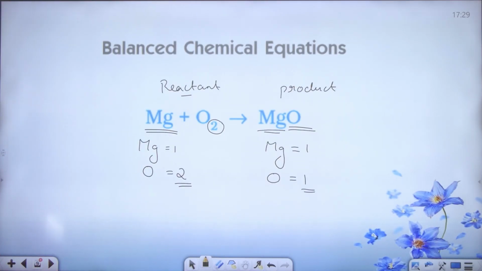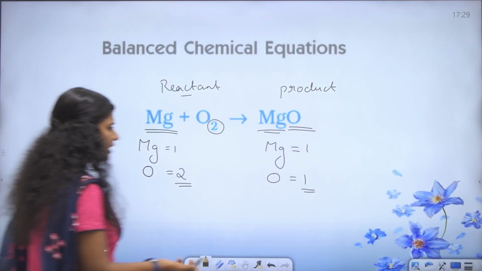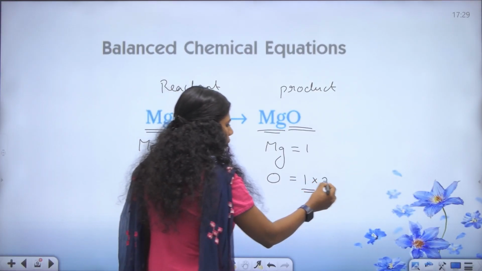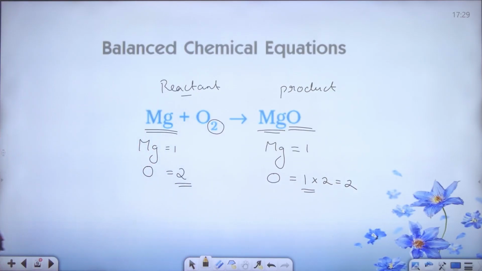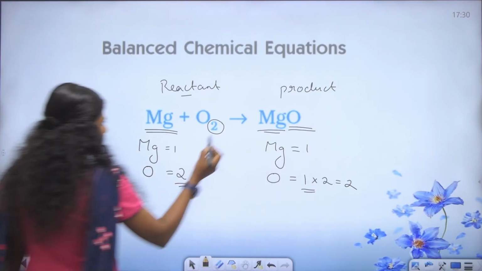Then balance this equation. How can we balance it? We know that 1 into 2 is equal to 2. Put 2 in front of magnesium oxide.